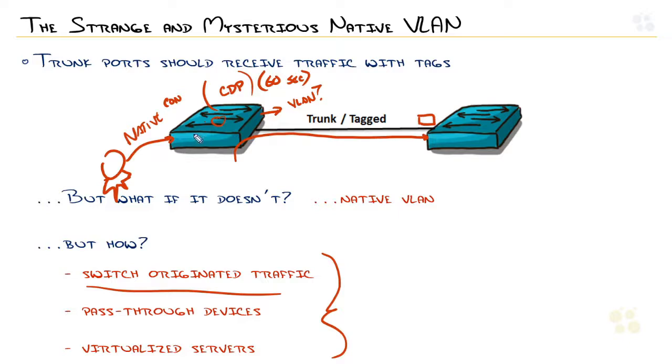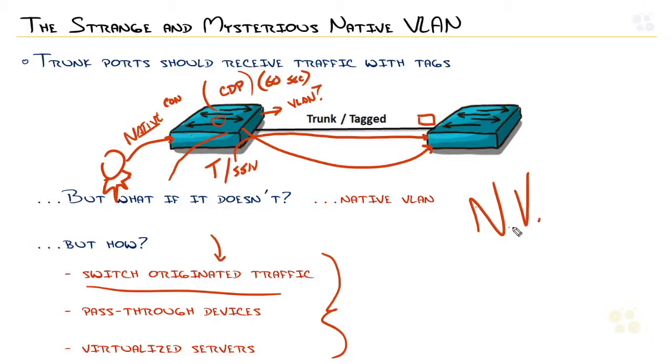We're doing our thing, and then all of a sudden we say, let's telnet or SSH from this switch over to this switch. What VLAN does that go on? The native VLAN. It's switch-originated traffic. That's the easiest one to explain. It's stuff that came from the switch, not people going through the switch. That'll end up on the native VLAN. And by the way, you can take this one to the bank, write it down: the native VLAN for all switches by default is 1.